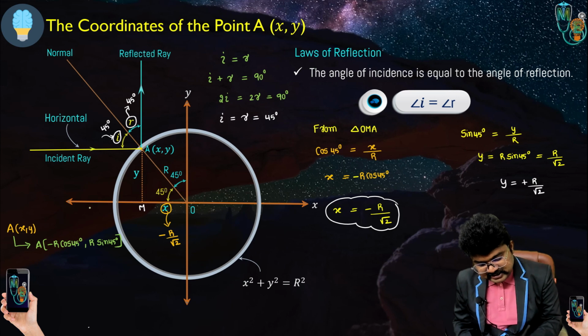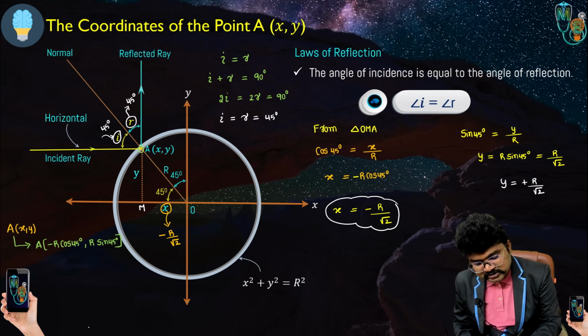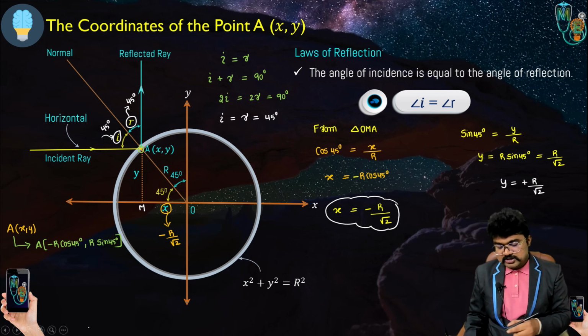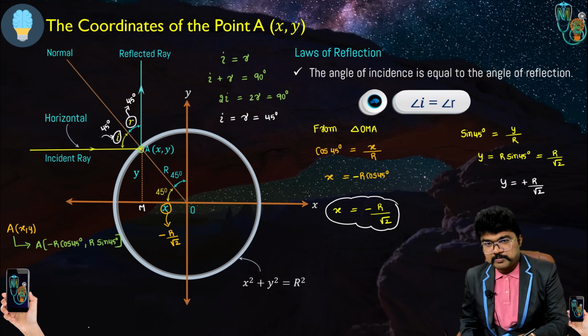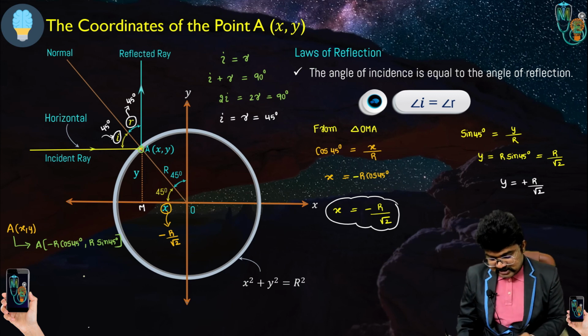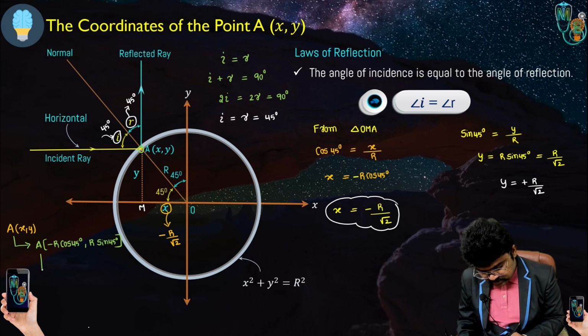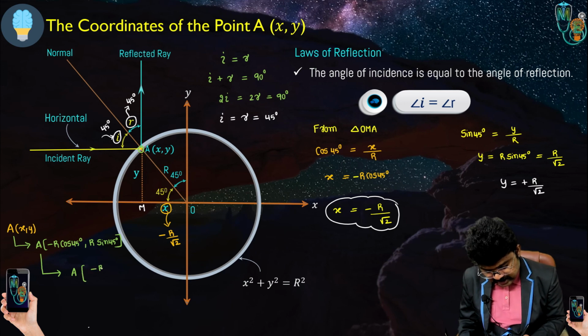It is in the second quadrant, so x is along the negative x-axis and y is along the positive y-axis. That is why finally you can write A as minus R by root 2 comma plus R by root 2.